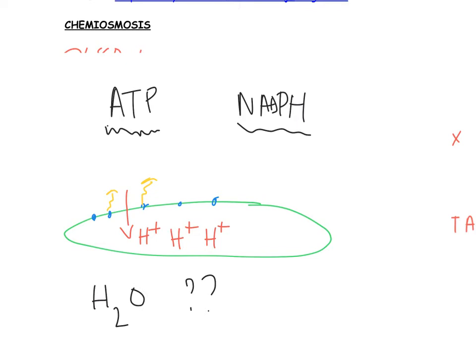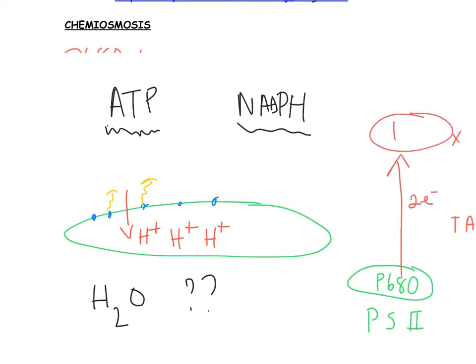Well, I'm hoping you remember that in photosystem 2, in other words P680, during photoexcitation we have electrons promoted that are being grabbed onto by a primary electron acceptor. Depending on the photosystem, that primary electron acceptor changes. In the case of P680, that is plastoquinone.